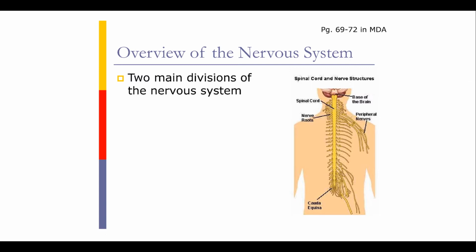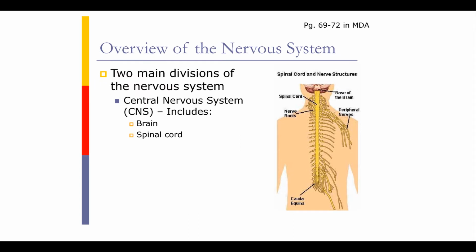Now, our nerves have their central location in the spine, as you probably already know. So the central location is called the central nervous system. Easy. The central nervous system, the CNS, includes the brain, the base of the brain and the spinal cord.